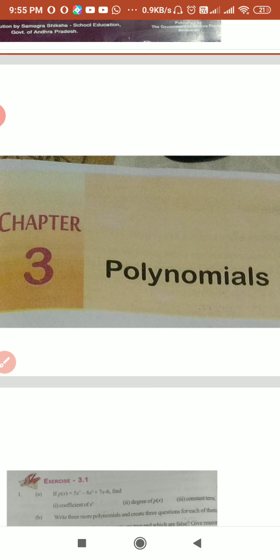Constant and term, algebraical expressions and polynomial and constant polynomial, and linear and also quadratic and cubic and biquadratic, and also you know about degree of the polynomial.